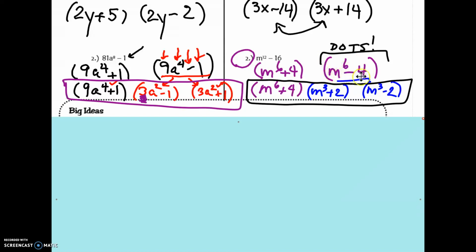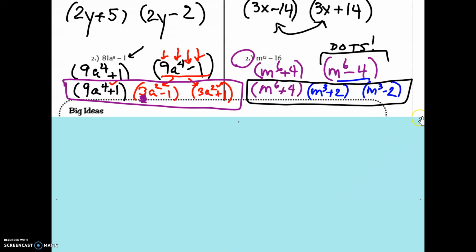But then I noticed that this factor in particular still was an example of difference of squares, so I needed to factor it further. That is how I got these two factors in blue of m to the 3rd plus 2 and m to the 3rd minus 2. I knew that I was finished factoring because this expression is the only one that has subtraction. It doesn't have an even exponent, and 2 is not a perfect square. So I knew I was done.